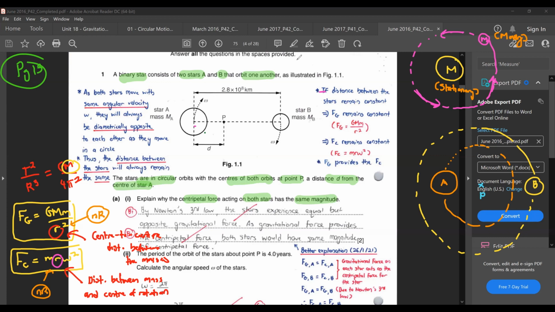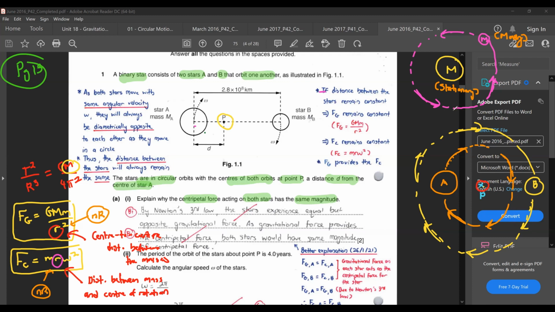The center of rotation is over here. A is moving like this. B is moving like this also. They're both moving in a circle. And your center of rotation is just some point in space.